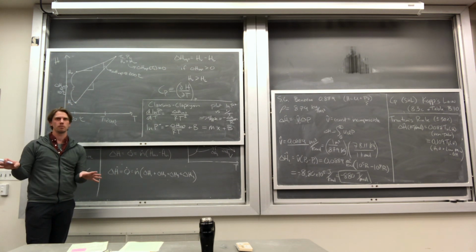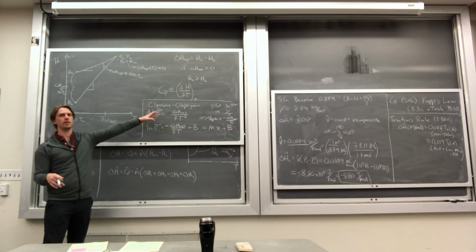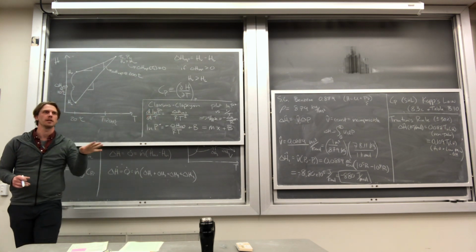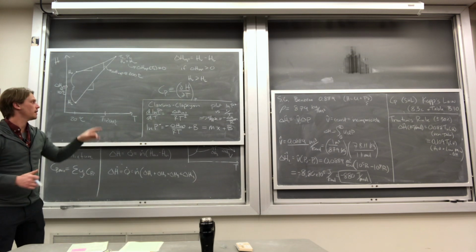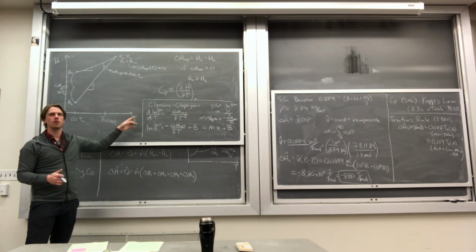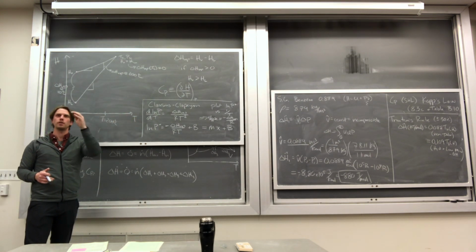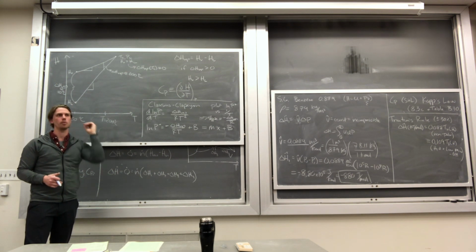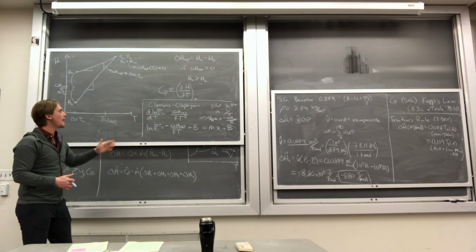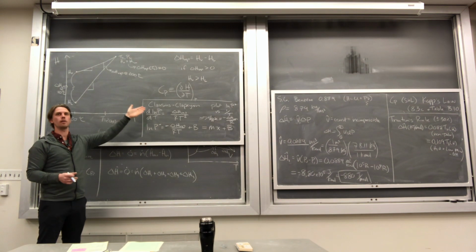They don't measure it. We have such high confidence in the Clapeyron equation that we don't even bother measuring it, because we know theoretically that it has to be this. So if we measure the vapor pressure as a function of temperature, we can measure the heat of vaporization directly from that. So if we had, let's say, does anyone know of a formula that tells us what the vapor pressure is?